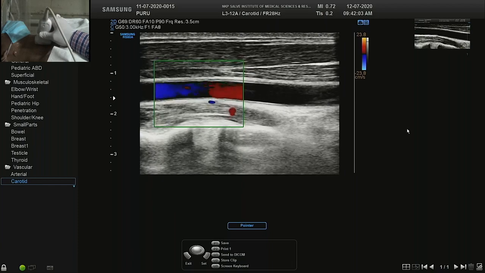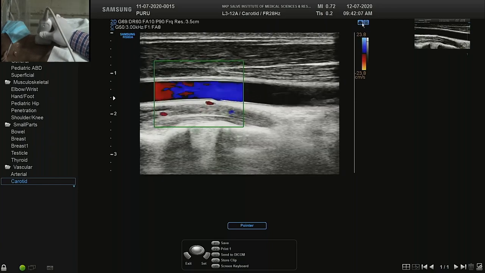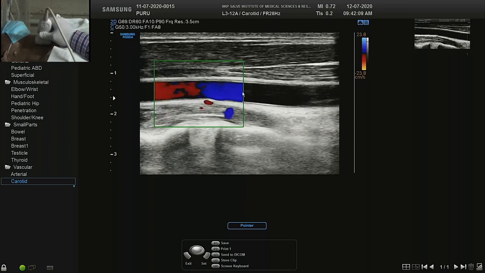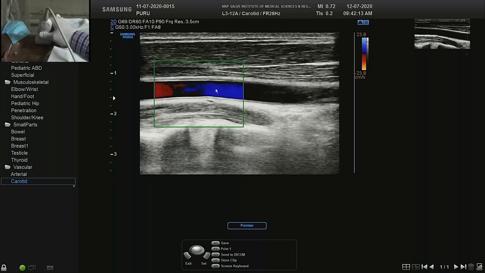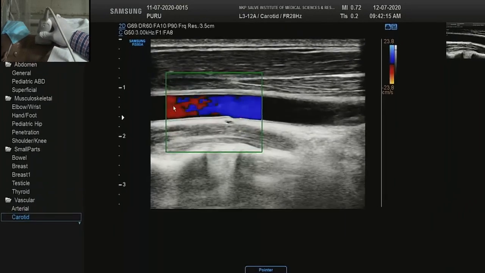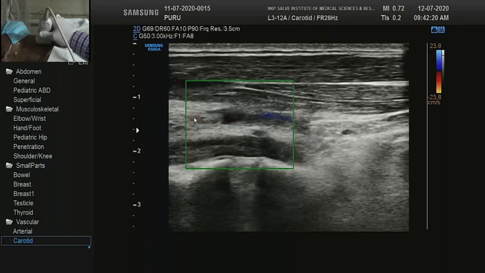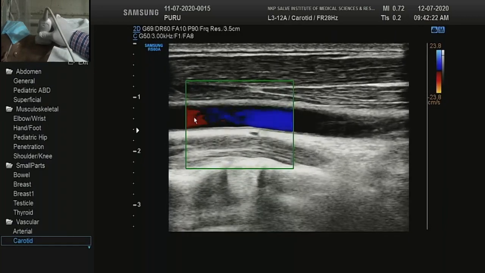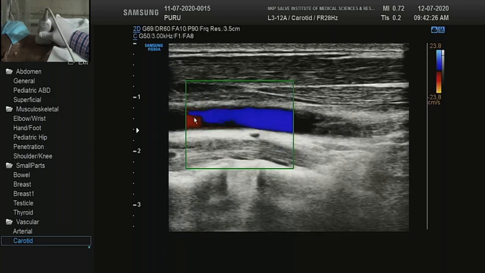But I can invert this. So we have inverted the color scale. Now blood coming towards the probe is blue and going away is red. So this is not abnormal. It is not dictum that all the blood coming towards the probe should be red. It depends on how we adjust.